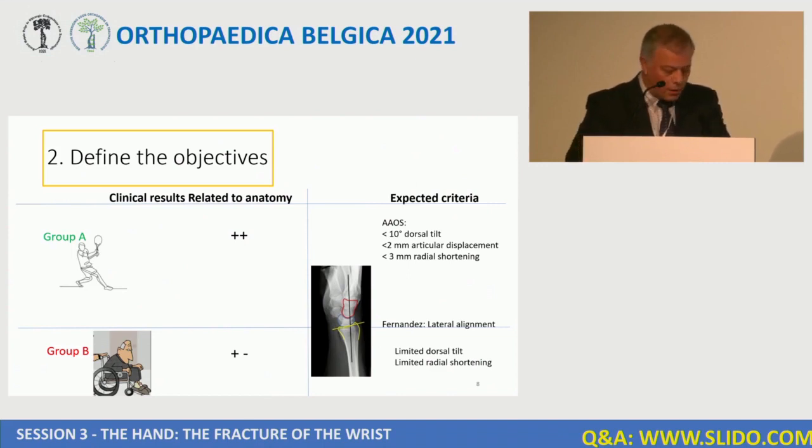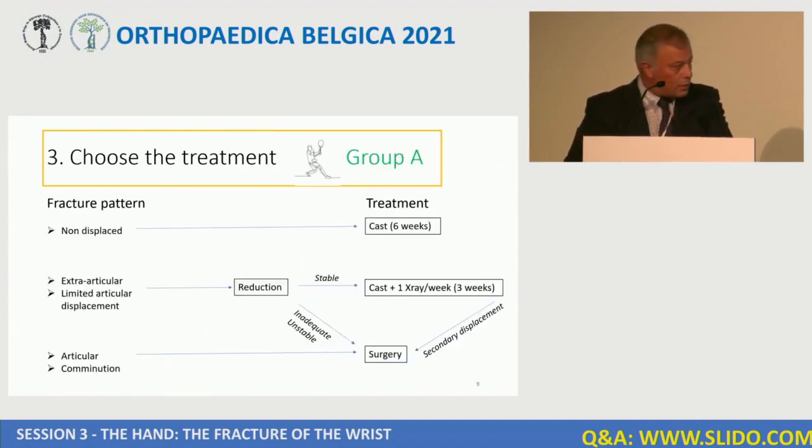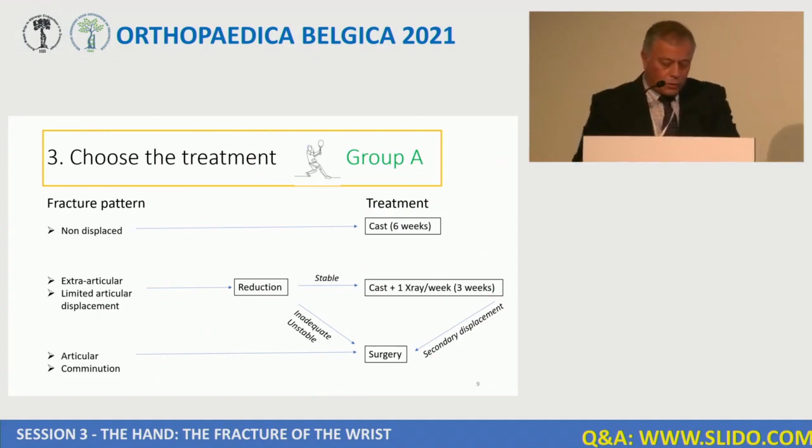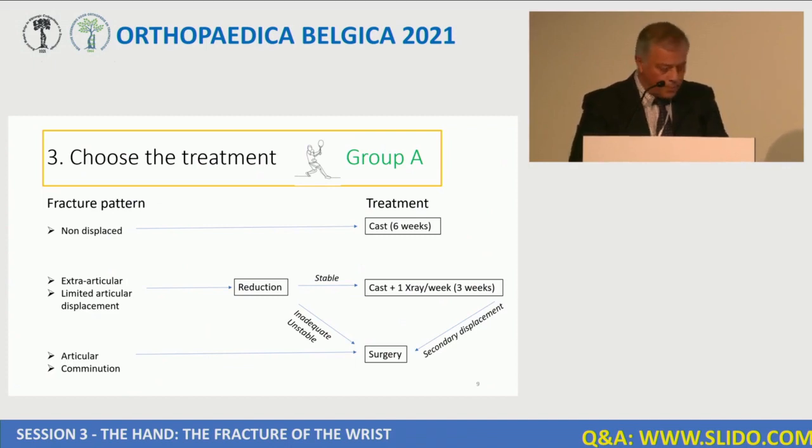For patients in group B, precise anatomy is less important, and the aim is above all to keep the alignment of the carpal bone in relation to the radius without too great dorsal tilt and shortening of the radius, to avoid an ulnocarpal conflict.